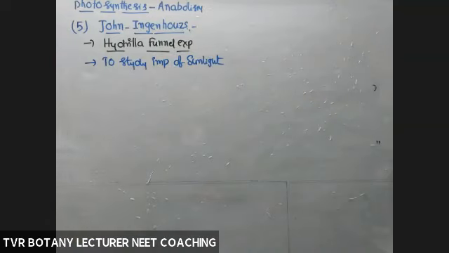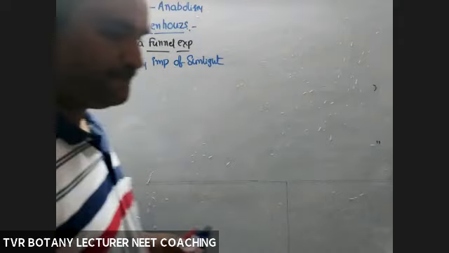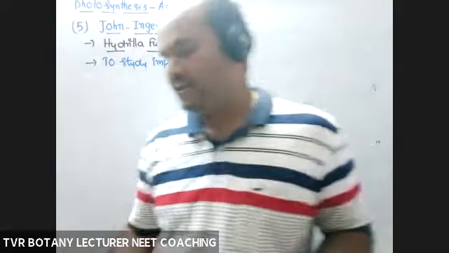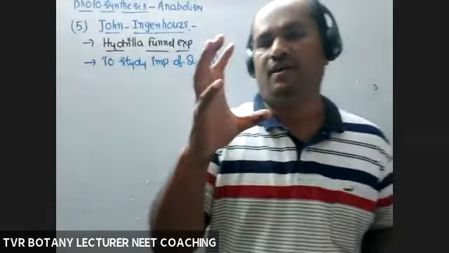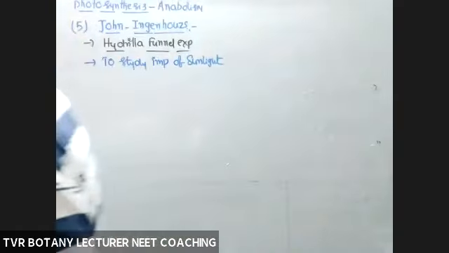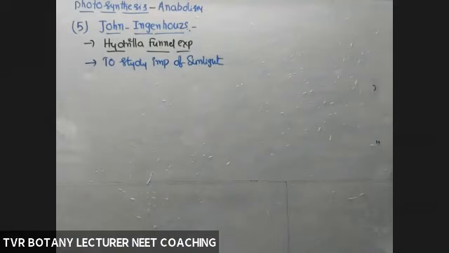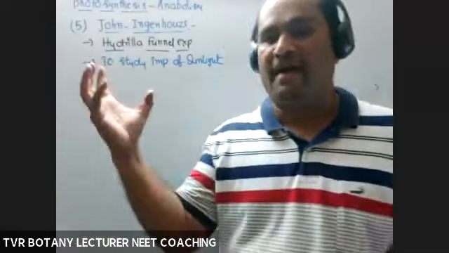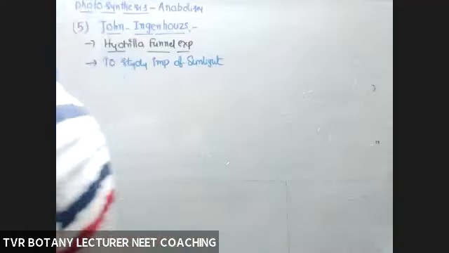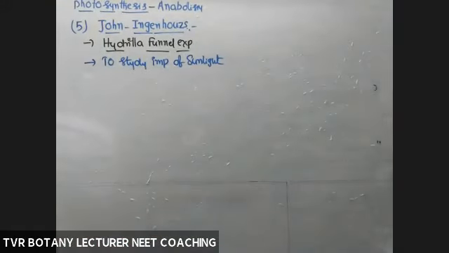So the given statement by Ingenhousz: he demonstrated that light plays an important role in a particular function of plants, which is able to purify the gas or environment which is fouled by breathing animals and a burning lamp or candle.